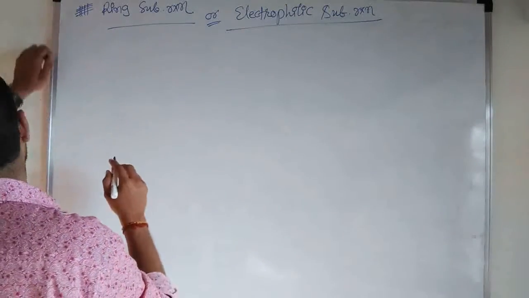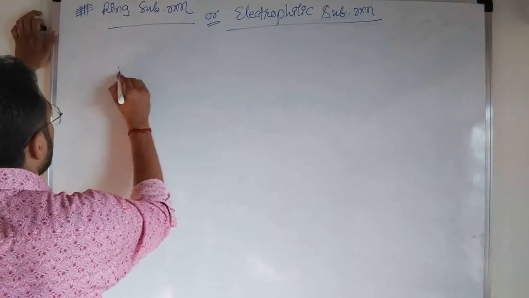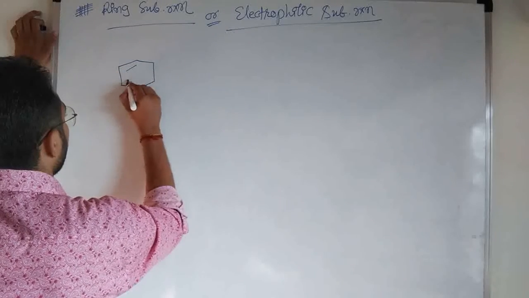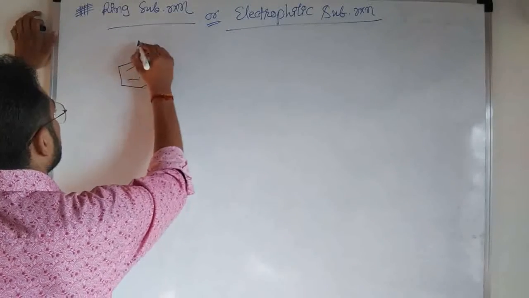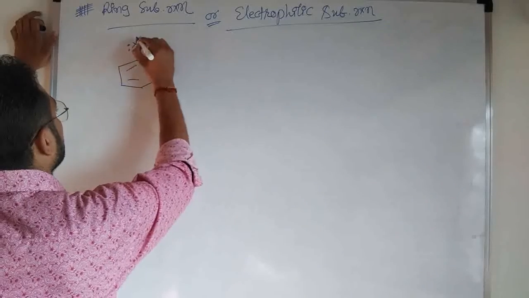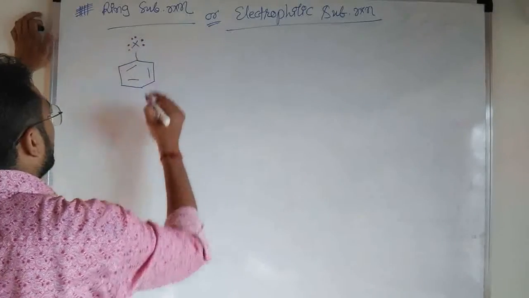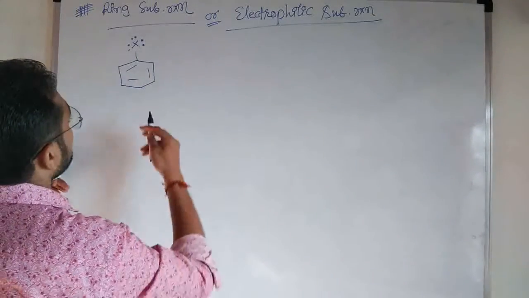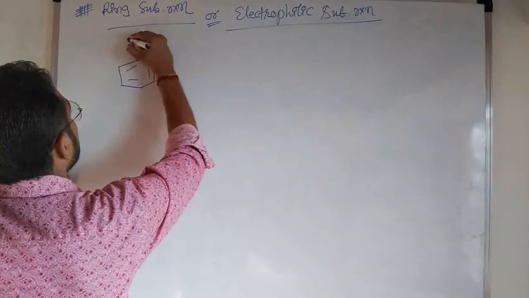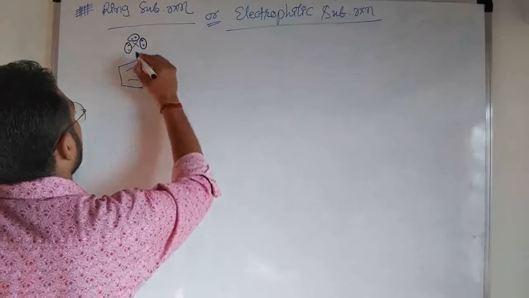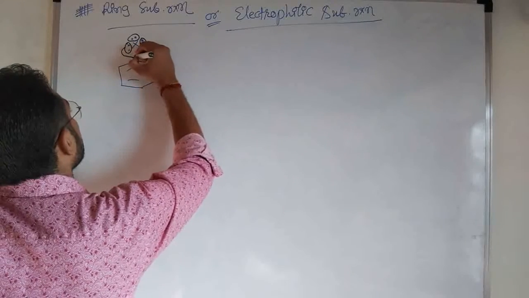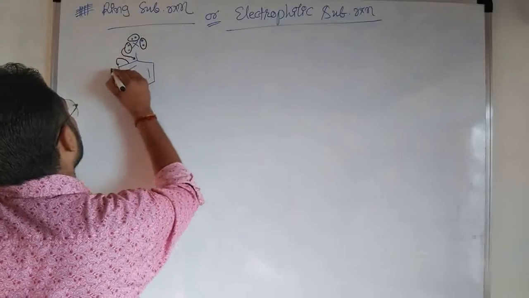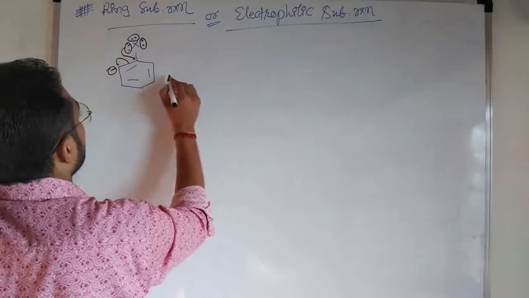Now starting with haloarene. The halogen attached has 3 lone pairs like this. This side attacks and removes this, producing a negative charge here.